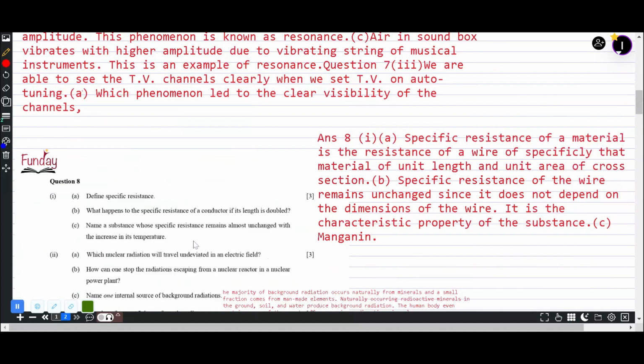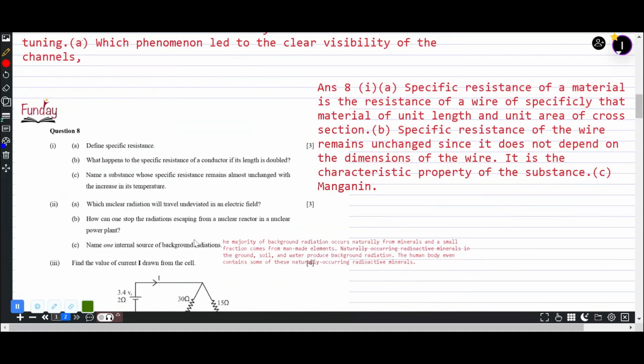Question number 8 one is another theoretical question. So I have pasted the answer here, which I'll explain. Define specific resistance. Specific resistance of a material is the resistance of a wire of that material of unit length. So the formula is R is equal to rho L over A, where rho is the specific resistance of the wire.